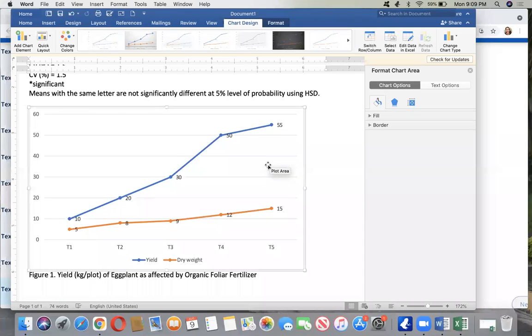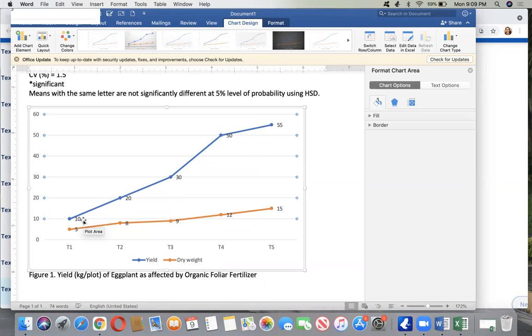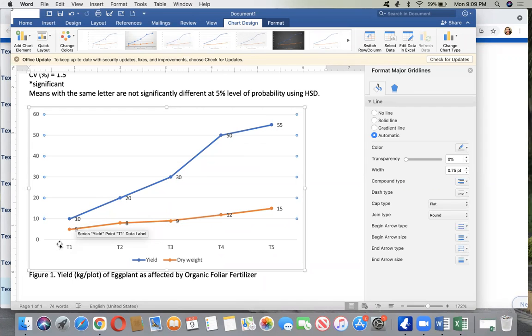But what a line means is, like this is treatment 1, and the line is the yield. So the yield is increasing, but it's still the same treatment. Let's say the blue is the yield of treatment 1: did it increase through time, like 1 week, 2 weeks, 3 weeks, 4 weeks, 5 weeks?